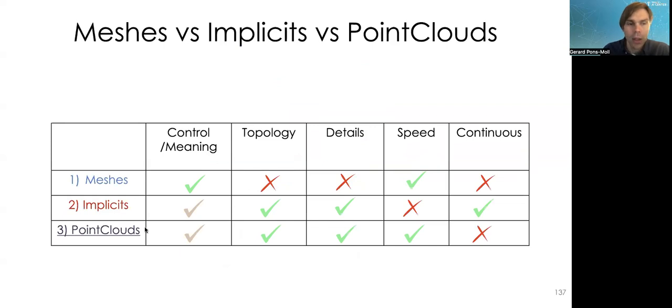Okay, so in comparison, I would say that points are not so complicated to control, and you can model different topologies. They can achieve a good level of detail, and they are fast, but they are not a continuous representation. They are still discrete. So in that sense, they suffer from the same problems as meshes, that you need to pre-specify the number of points that you will produce.